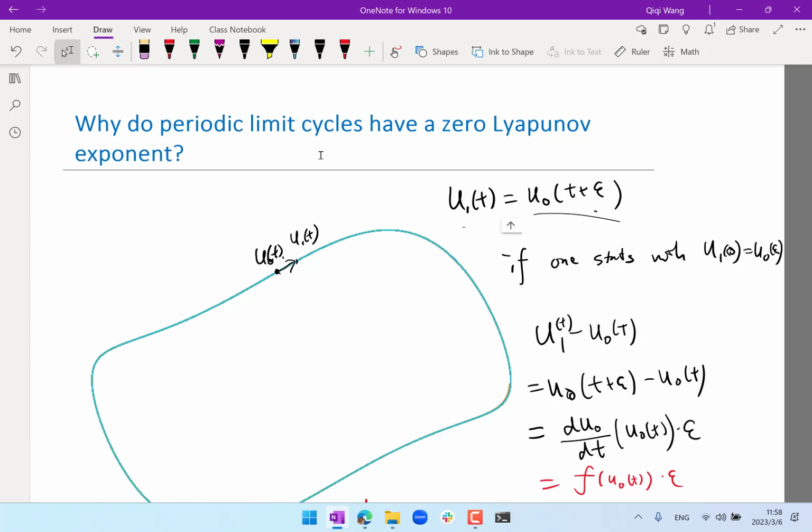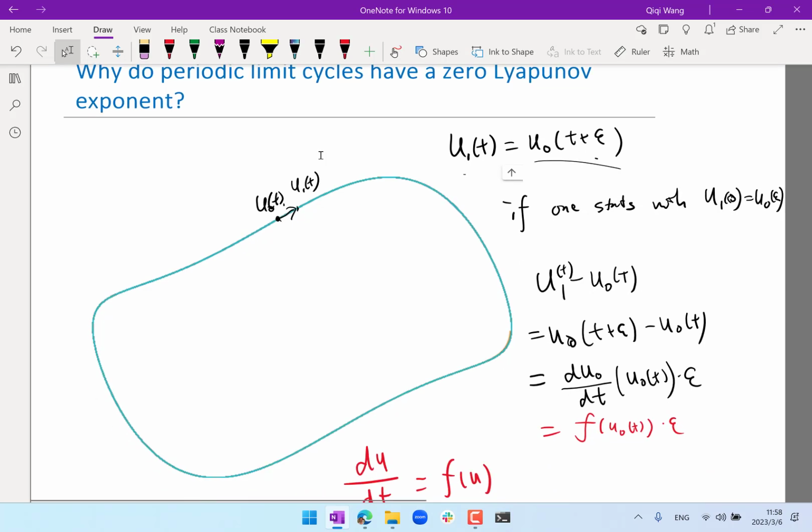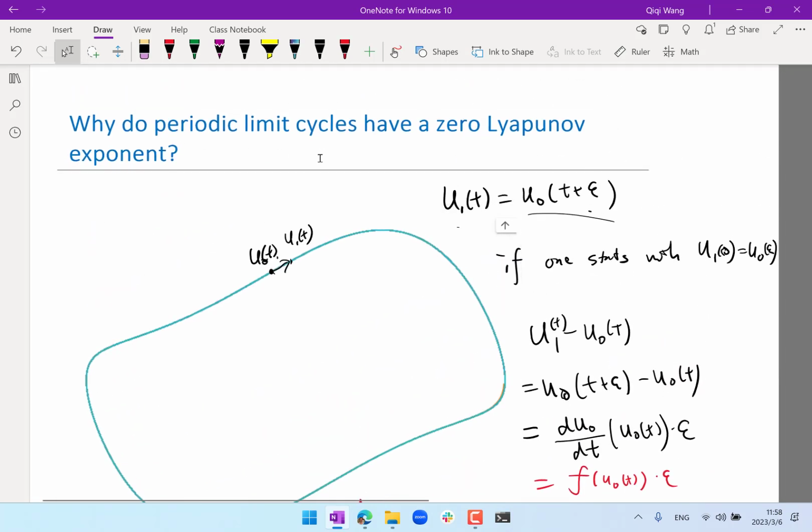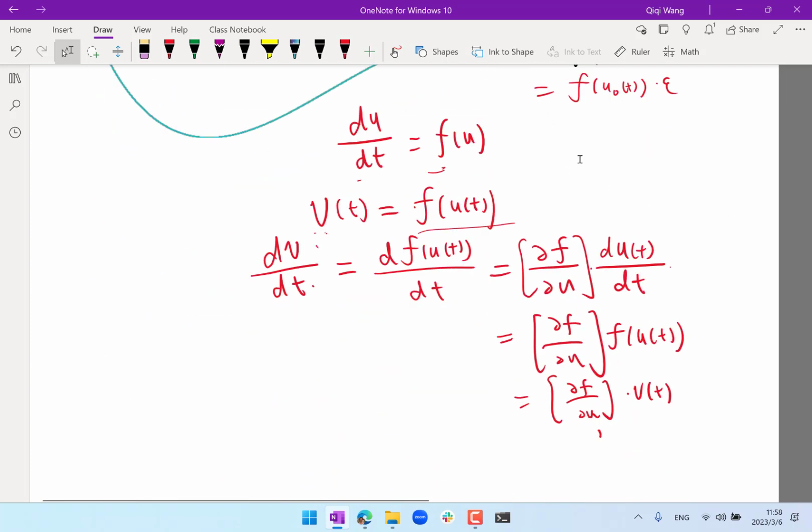The only difference is that for a periodic limit cycle, the 0 Lyapunov exponent ends up being the largest Lyapunov exponent. And for a chaotic attractor, by definition, it has another Lyapunov exponent that is bigger than 0.